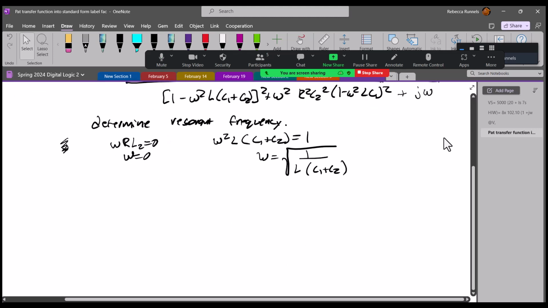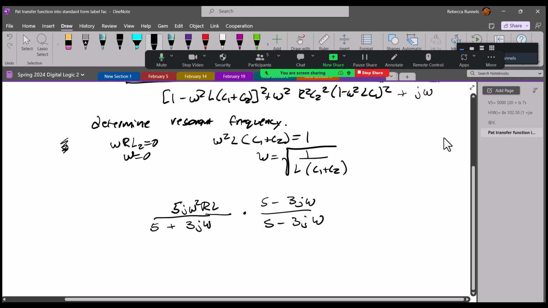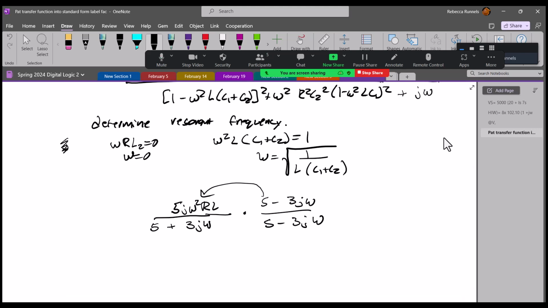So if I had this, then multiply by 5 minus 3j omega, the only imaginary part is going to be this times this, which would give us omega equals 0, which is not a very good example.